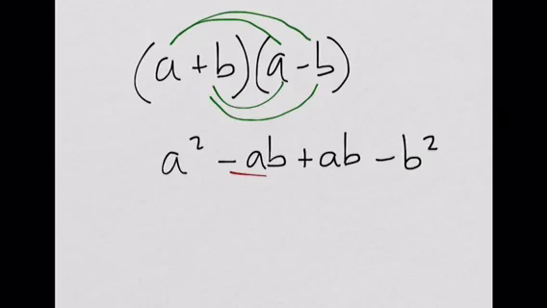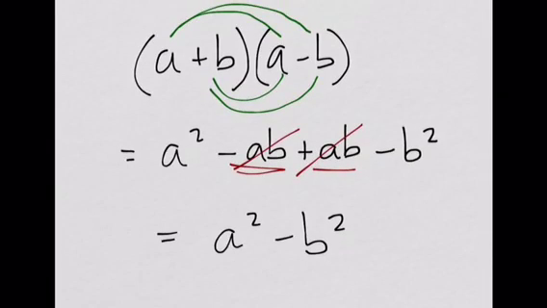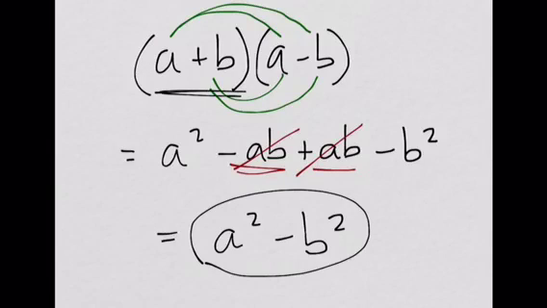Now we have negative ab plus ab, so they cancel, and we get a squared minus b squared. So there is the rule that something that is a squared minus b squared is equal to a plus b multiplied by a minus b.